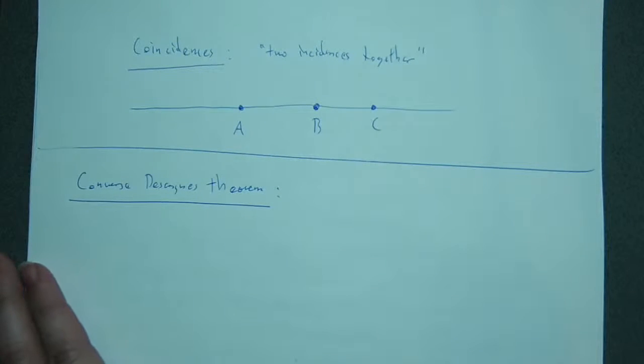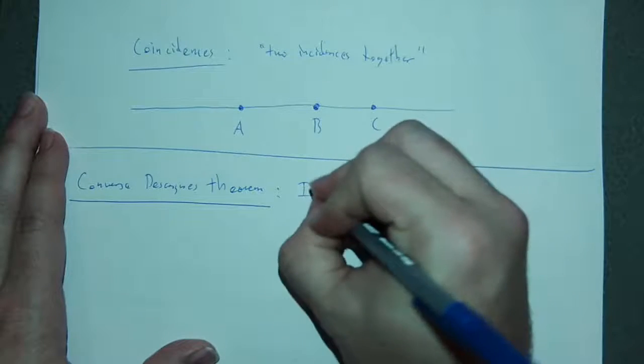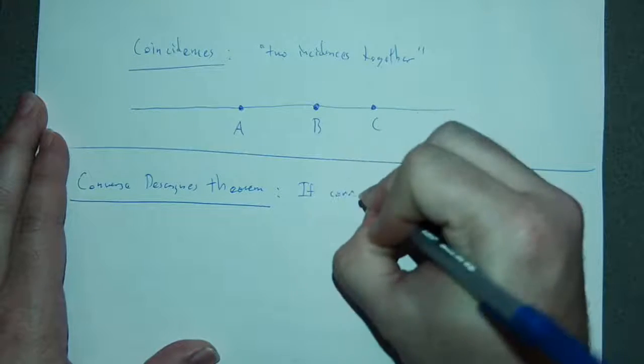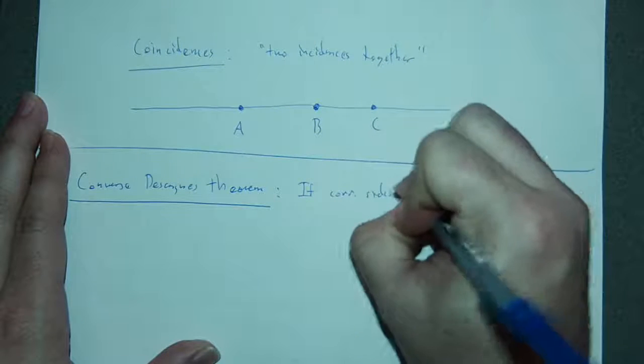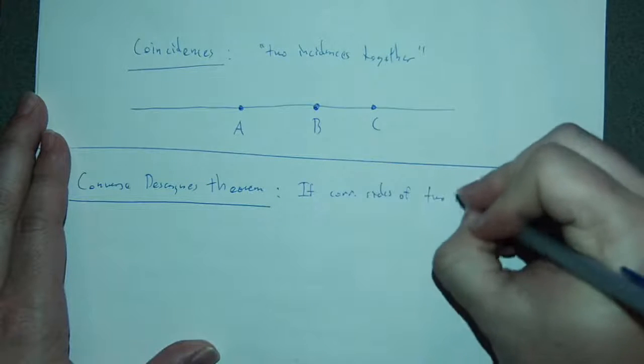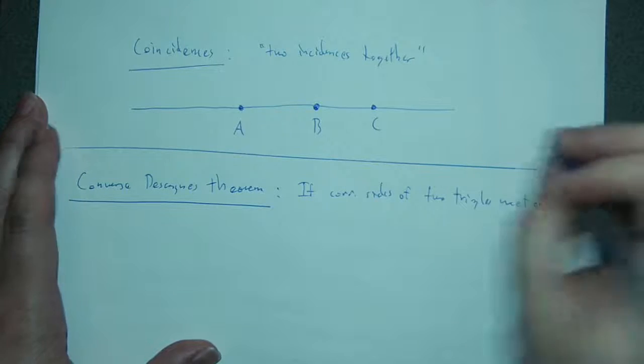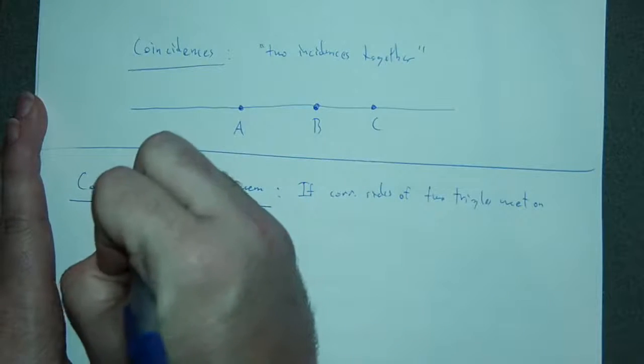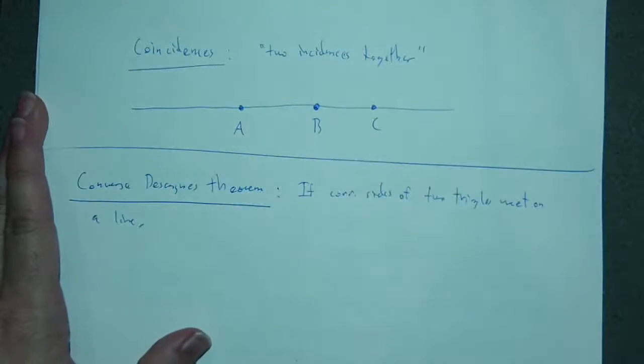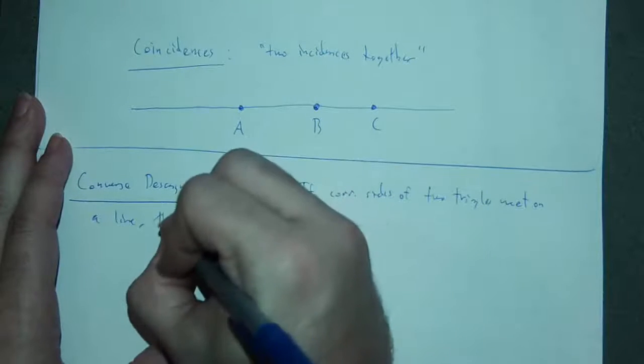So what's the converse Desargues theorem? If corresponding sides of two triangles meet on a line, then the two triangles are in perspective from a point.